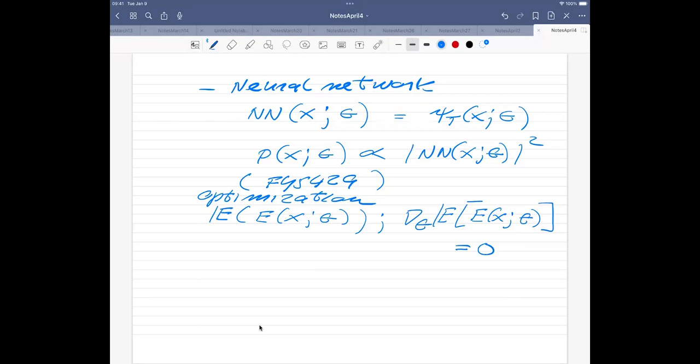But the only thing which changes now is that these parameters theta are going to be a collective container for the weights of a neural network. And you can have many layers and the biases. So these are the weights and biases of a neural network.